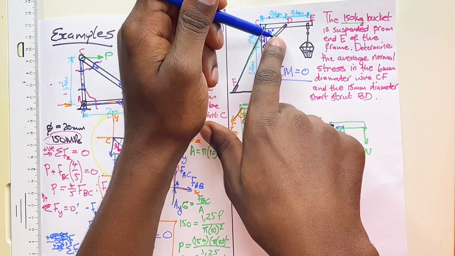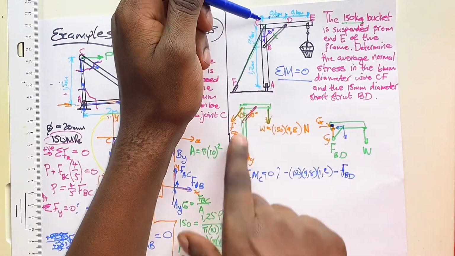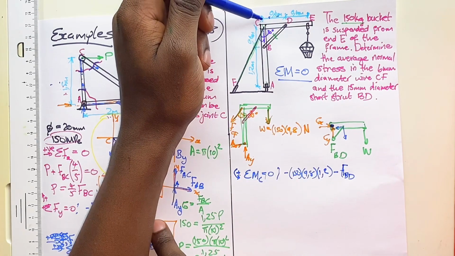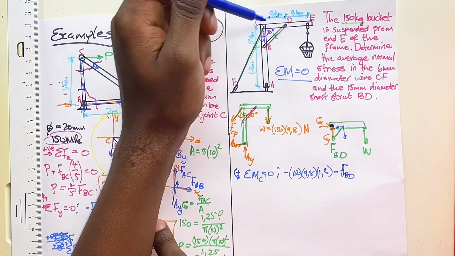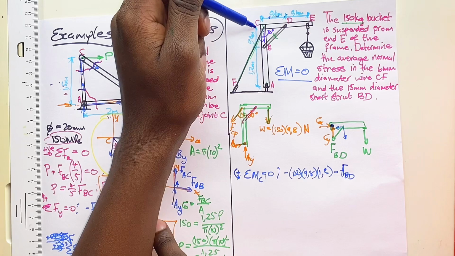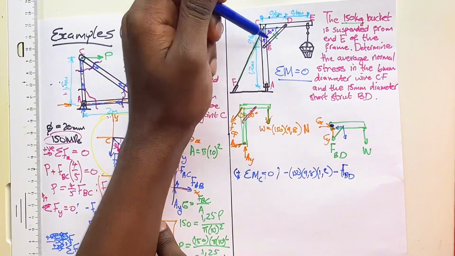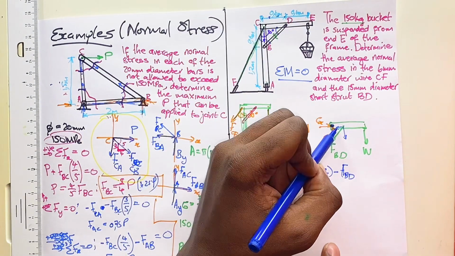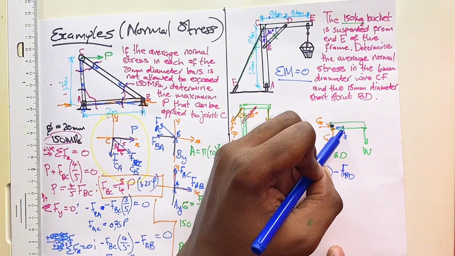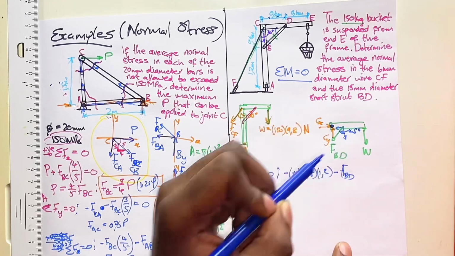Now, if you look here at our member, the dimensions in the x direction are 0.6 and the dimensions in the y direction is 0.6. That means that the angle here will be 45. So we have 45 degrees.